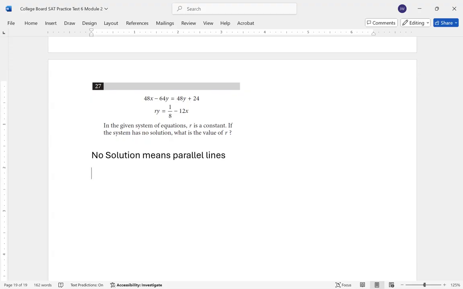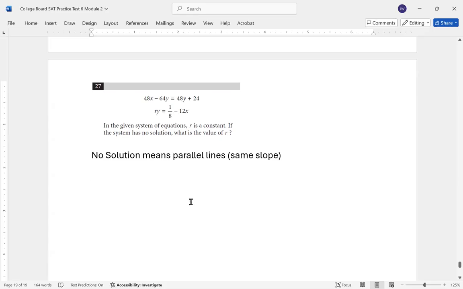Now, we can show this in a variety of ways, but parallel lines have the same slope. Let me write that down. So we just need to figure out what value of R would we need to have the same slope.